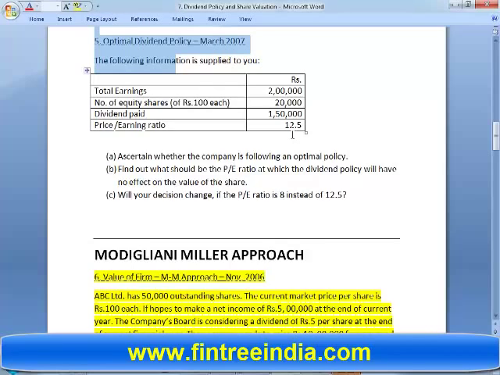Therefore, optimal dividend payout ratio should be 0. So to answer a specific question asked, below that a sentence, company's current dividend policy is not optimal. Hence, company's current dividend policy is not optimal.